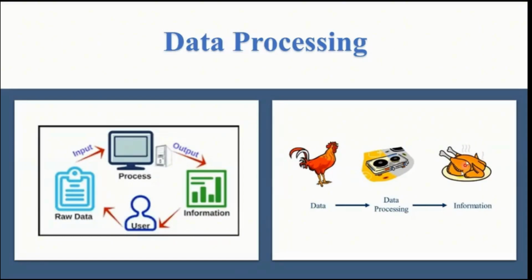So this cooked hen or chicken actually is information. This cooked chicken is information, and this hen or chicken is data. Some processing we need to do on this data to get the information.